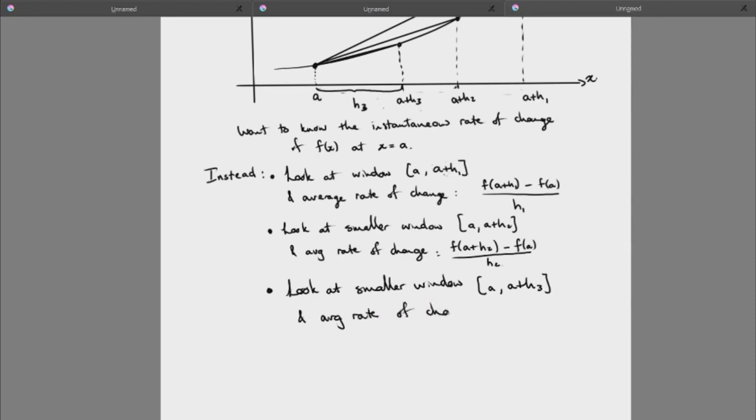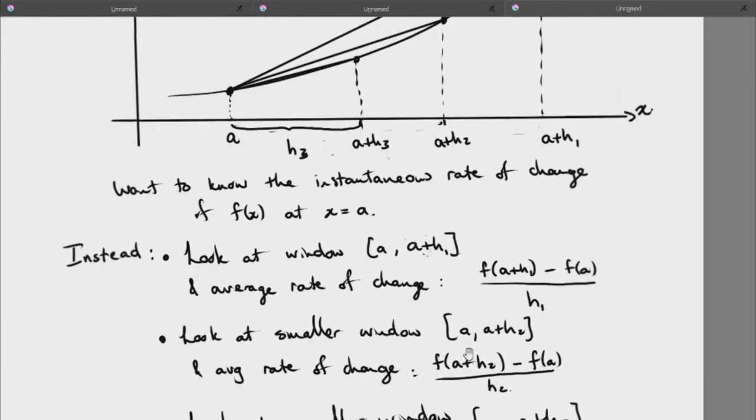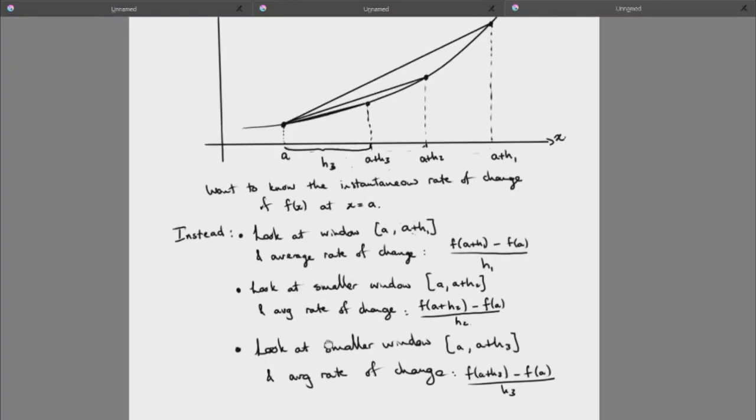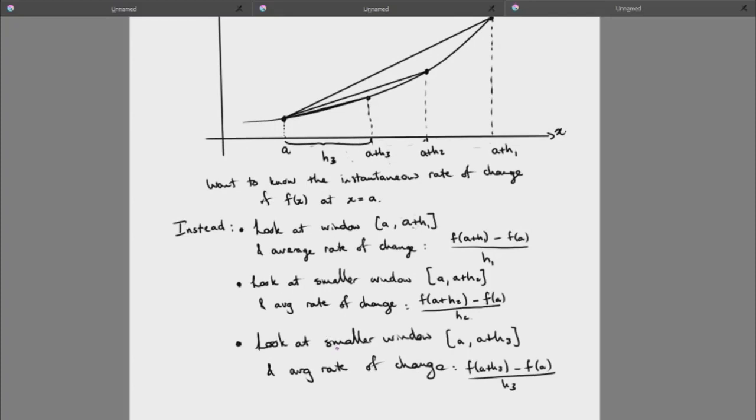Average rate of change is then change in the y value, which is the later function value, and we start to see the pattern here. The h is the only thing that's changing, right? Okay. Good to have a big picture of what is happening here.